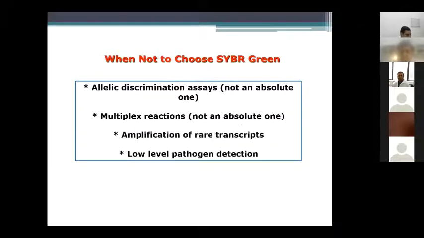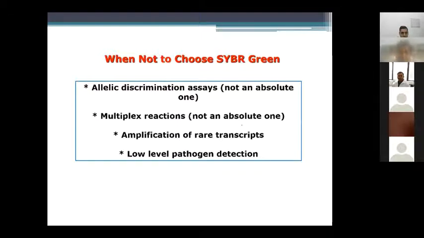When not to choose SYBR Green: allelic discrimination assay, multiplexing reaction, amplification of rare transcript, low level of pathogen detection. Now in COVID testing, we use the probe-based assay, not the SYBR Green-based assay, because it requires specificity.